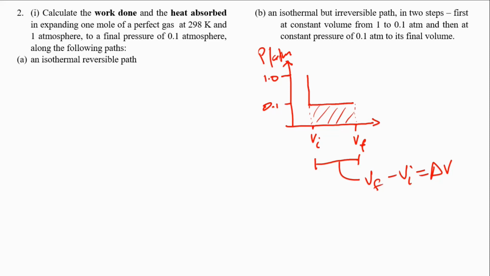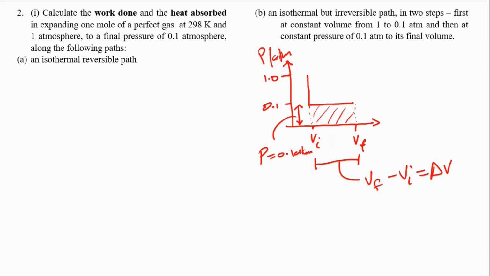The height of this part, because of course the area beneath the curve is a rectangle. And how do we calculate the area of a rectangle? It is side times side. The length of this side works out to be just the pressure, P, which in this case is 0.1 atmospheres.